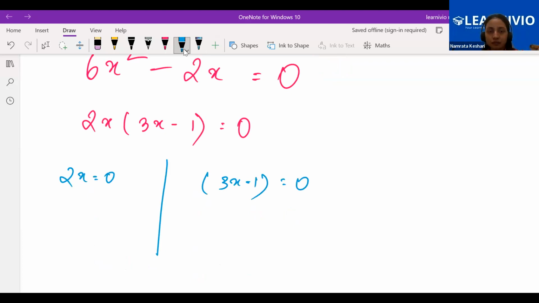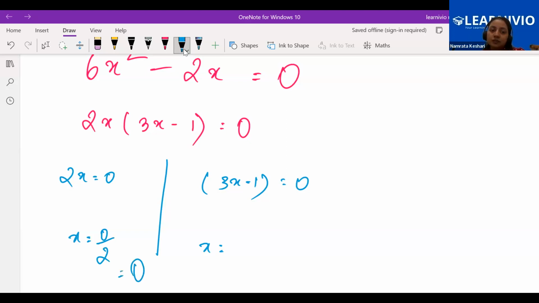And from here we are able to find two different x values, yes or no? Yes, we are. Tell me what are the two different x values? So the first one is 0 by 2, and 0 by 2 is 0.